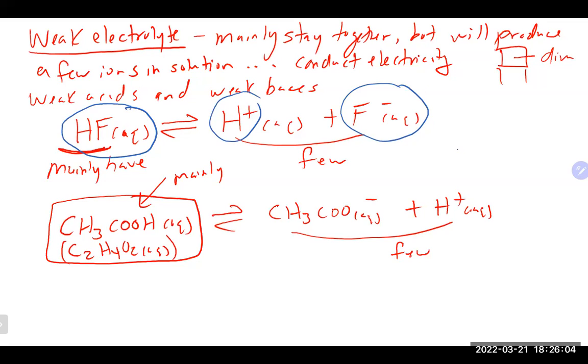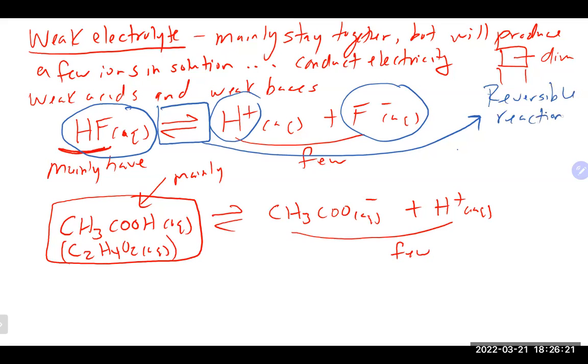But the difference is actually in the arrows. With a weak electrolyte, you can see that these arrows are heading in both directions. This implies that this reaction is what is referred to as a reversible reaction. So whenever you see two arrows heading in opposite directions, it means a reversible reaction.